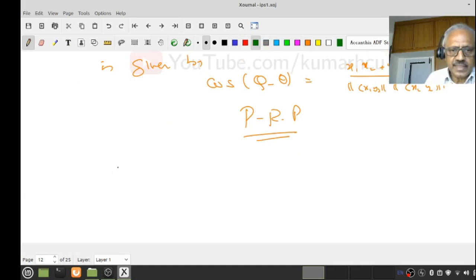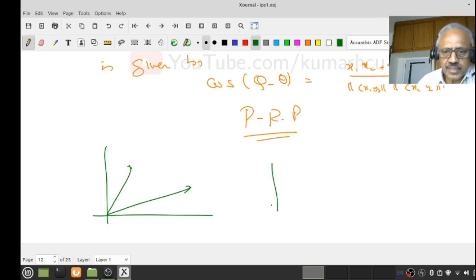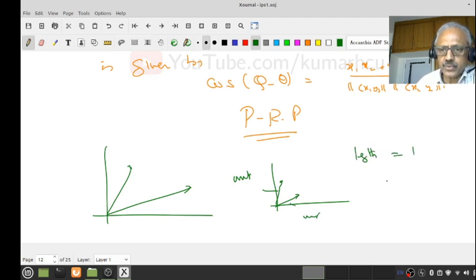Now notice that if I have two vectors of various lengths, the angle between them is the same as the angle between their unit vectors. Okay, unit length. Because remember, length of the vector is defined. Okay, length is unit for each of them. Right?